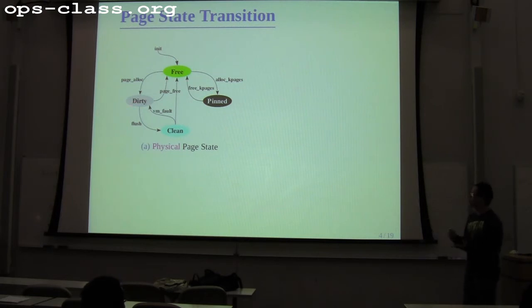And you may have a routine called flush, which just writes the page content to disk. After this function, we can mark this page as clean. Clean means that if you happen to choose this page as a victim, when you swap out you can safely discard it, because it already has a copy on disk.